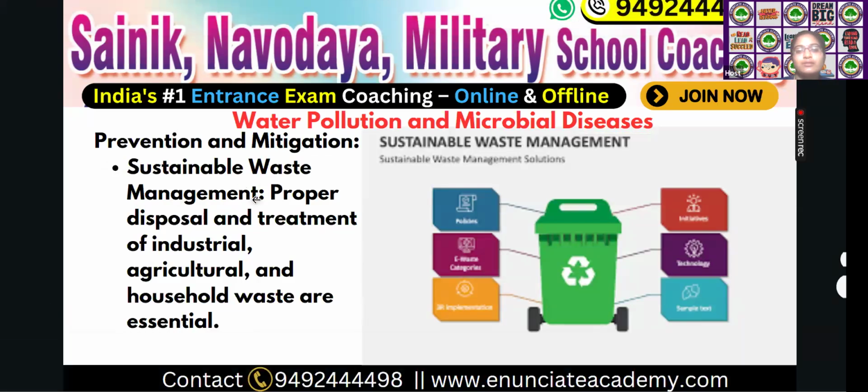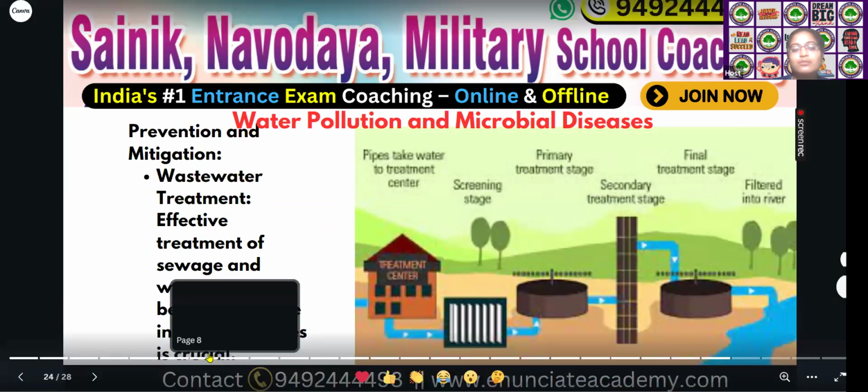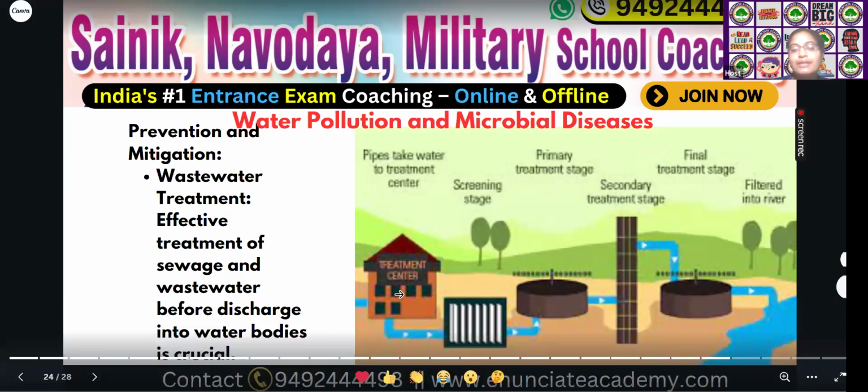When we dispose of the waste in a proper manner, we can mitigate the water pollution. The next one is effective wastewater treatment. Treatment of sewage and wastewater before discharge into water bodies is crucial. Okay, please see the picture. This is household waste.